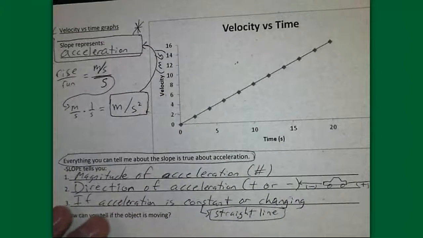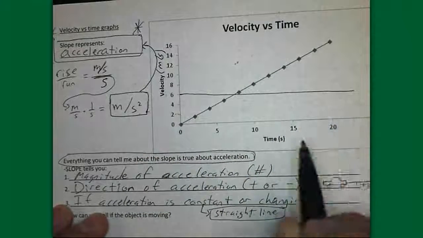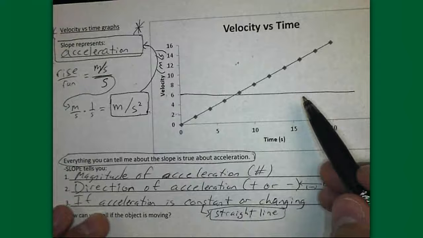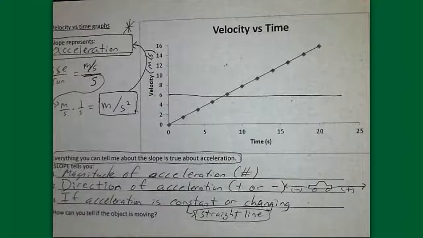Okay? But let's consider this question. I want to draw a line right here that represents another object, and I want you to answer that question. Is this object moving? Pause the video and think about that question and come up with a reason why or why not that object would be moving.